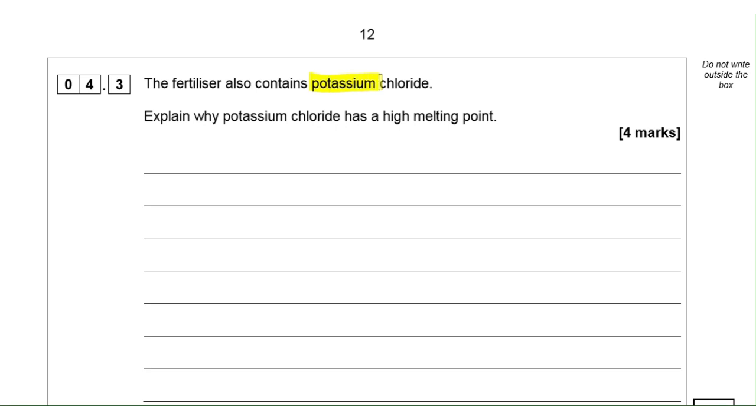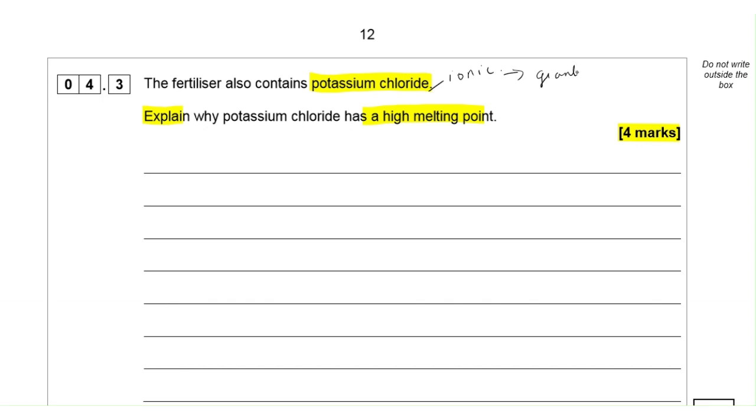Over the page, question 4.3. The fertiliser also contains potassium chloride. Explain why potassium chloride has a high melting point, and this is for 4 marks. Let's get some ideas down. Potassium chloride is an ionic compound. Therefore, it has a giant lattice structure, a giant ionic lattice.